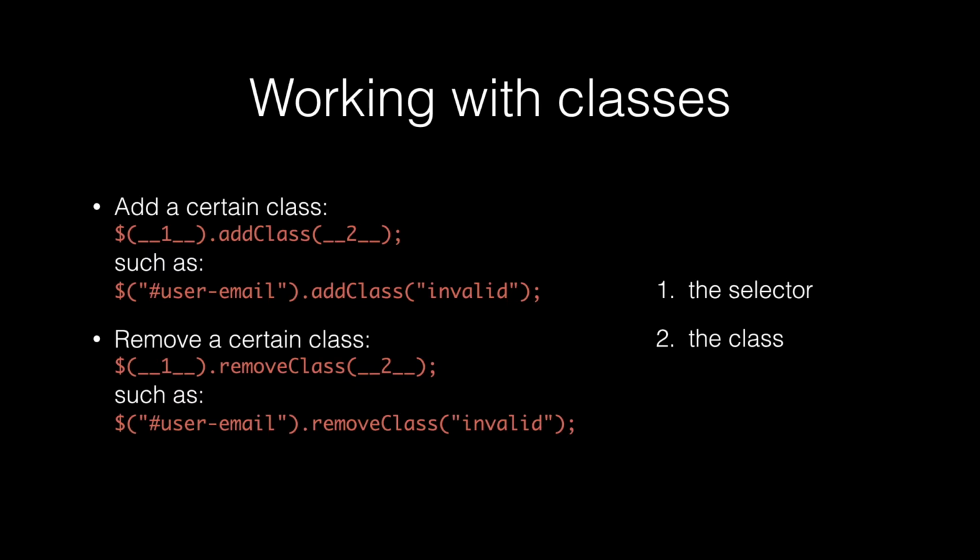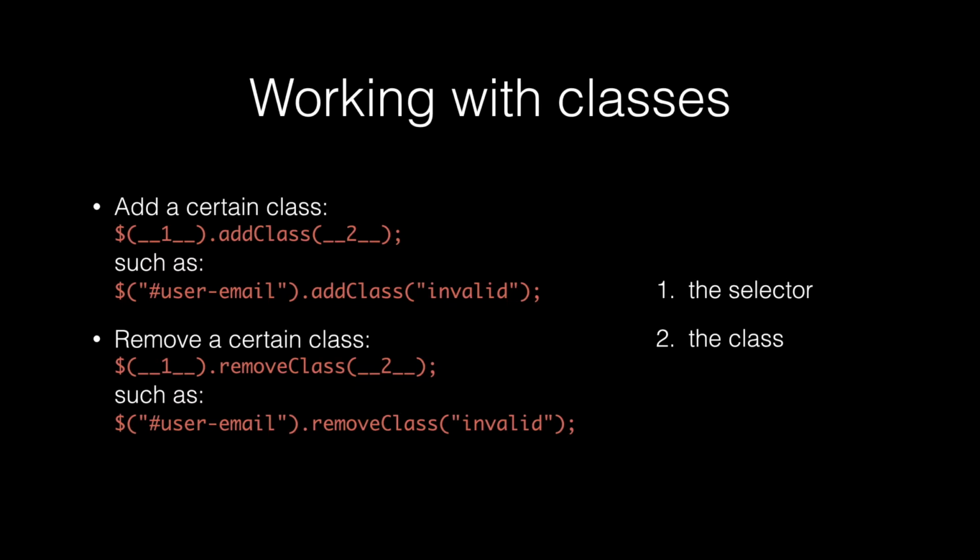In fact, a ton of what we do in terms of changing the appearance of things on the page can be accomplished simply by using CSS selectors to provide styles for classes, and then using JavaScript to just switch out those classes on elements. So jQuery thought of this, or actually they knew this, because by the time jQuery came around, a lot of people were doing CSS changes with classes, and they thought, you know what, let's make this easier.